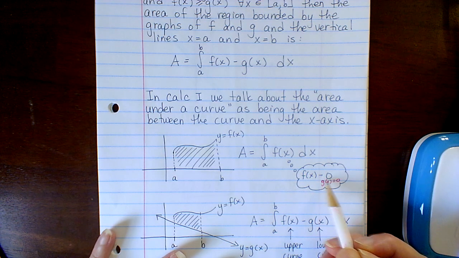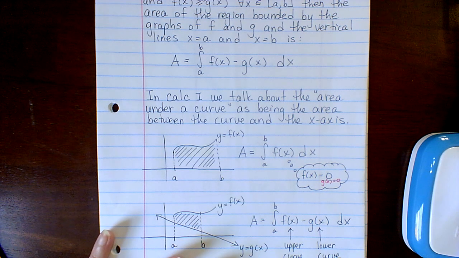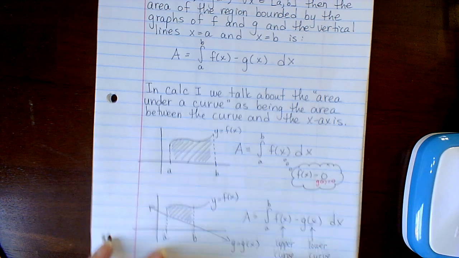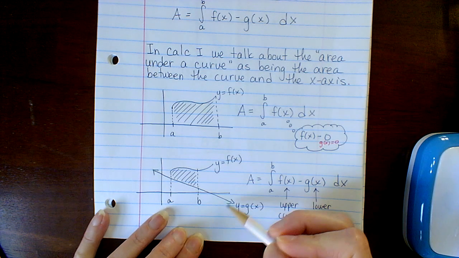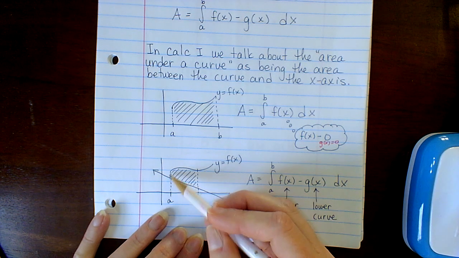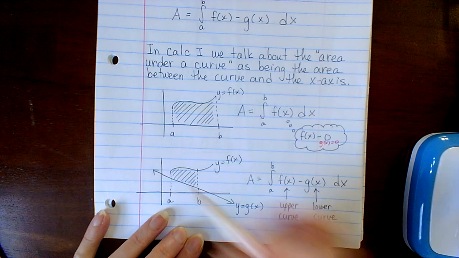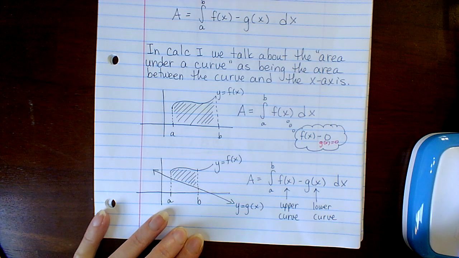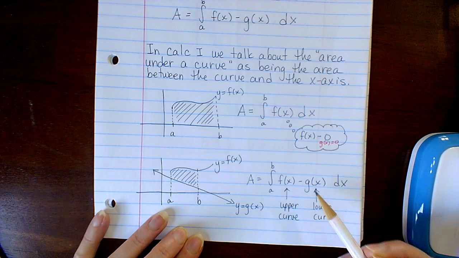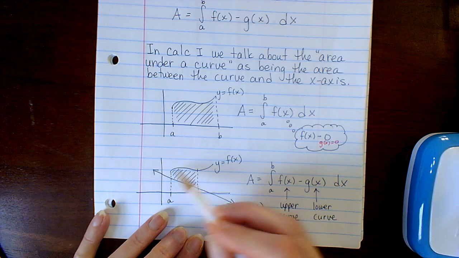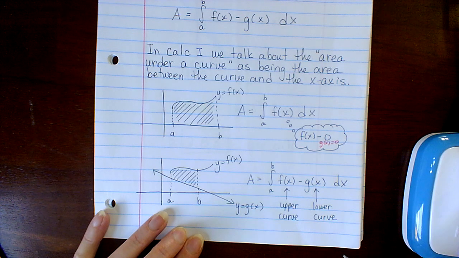So I just didn't write that f of x minus 0 business. So let's say that this is my upper curve, this is my lower curve, from a to b. This region right here, the area of that region, would be given by the integral from a to b of f of x minus g of x.